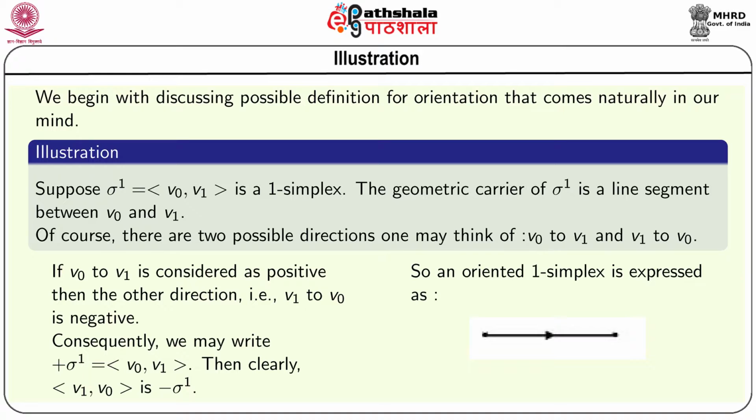So, we may write plus sigma 1 for V0 V1 and certainly then minus sigma 1 will stand for V1 V0. So, an oriented one simplex is expressed as V0 to V1 with an arrowhead starting from V0 directing towards V1.